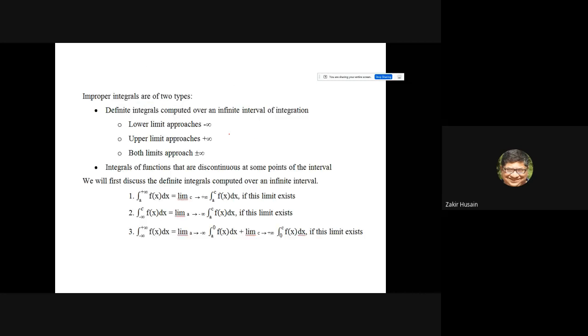Okay. Now we come to improper integrals. Improper integrals are of two types. So far what we have done is the definite integrals, like this.